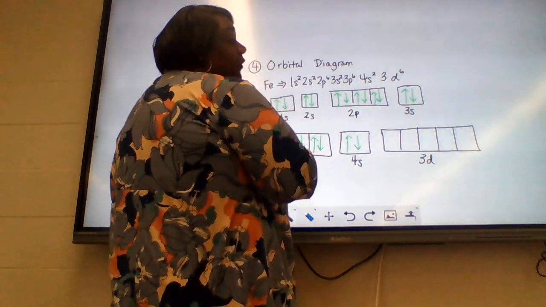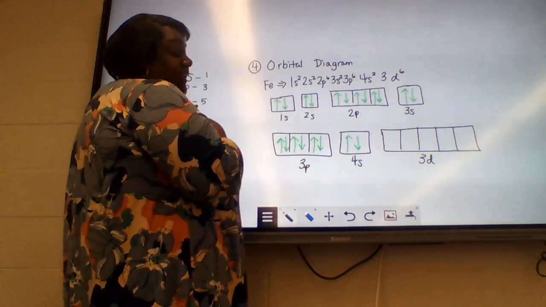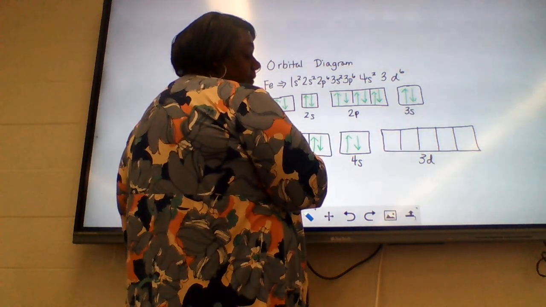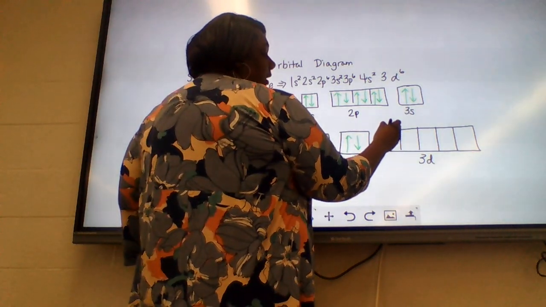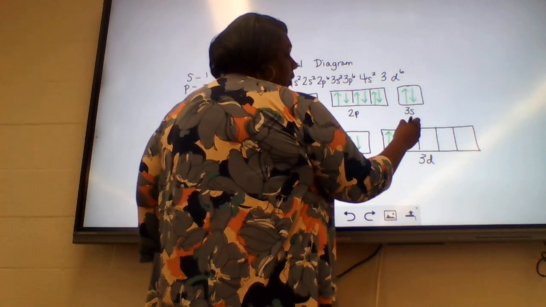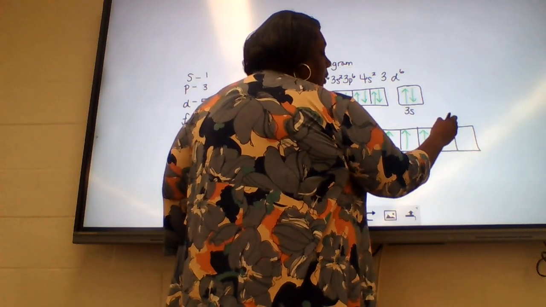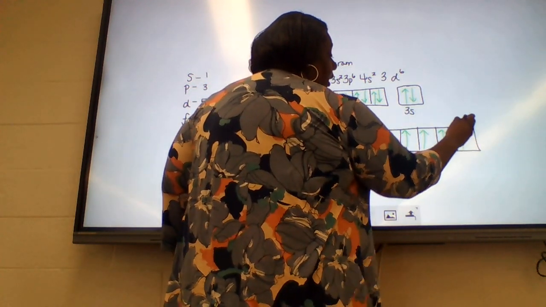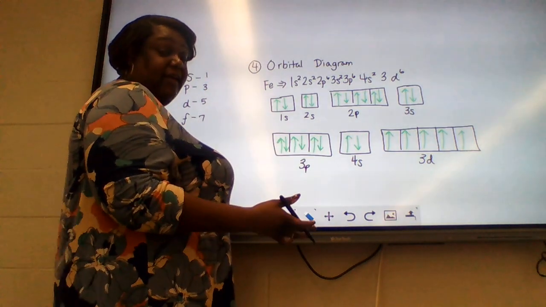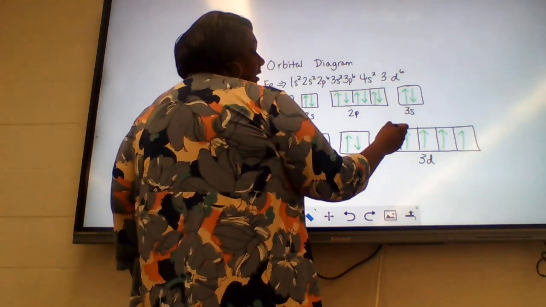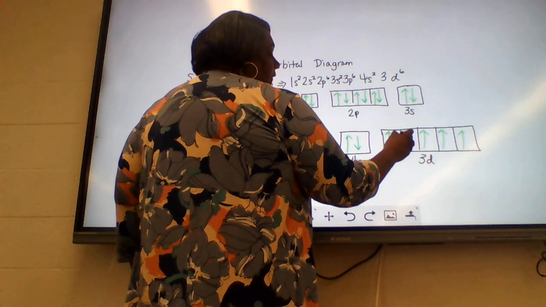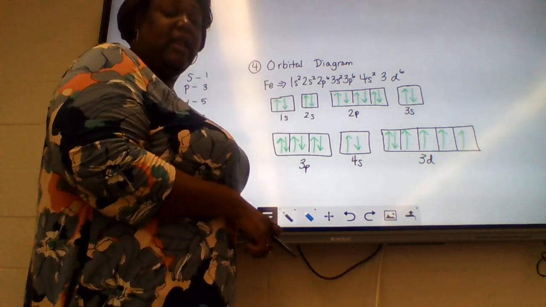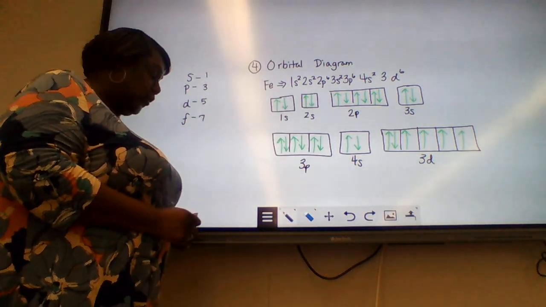When I move to my 3D, now notice I've got 6 electrons, but I only have 5 boxes. So I'm going to have 1 going up, 1 going up, 1 going up, 1 going up, and 1 going up. That takes care of 5 of those electrons. I need a 6th one. So for the 6th one, I'll have that electron going downward.